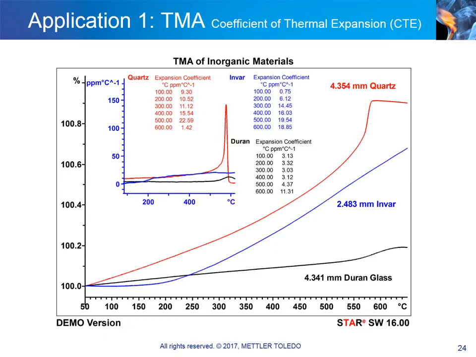Duran glass, like most mineral glasses, has a very low coefficient of expansion below the glass transition temperature. Crystalline quartz, measured here in the C-axis direction, expands steadily up to the solid-solid transition at about 575 degrees Celsius, after which it begins to contract.